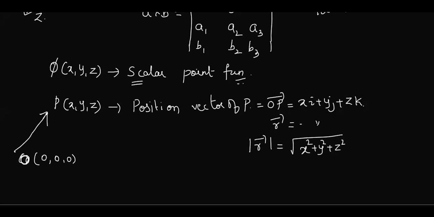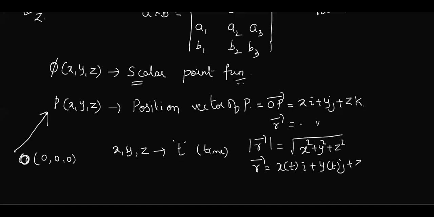Now, here what we have taken, x, y, z, we just treat them all as functions of some variable t. Usually we take this t as time. It's a variable, so you can say r is a function of t. x is a function of t, y is a function of t, and z is a function of t.